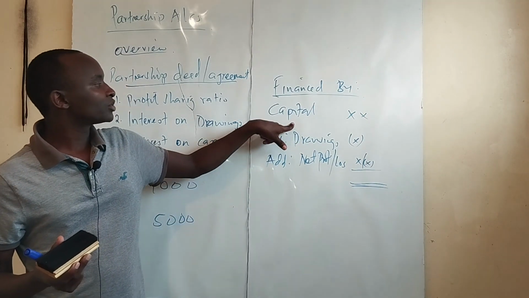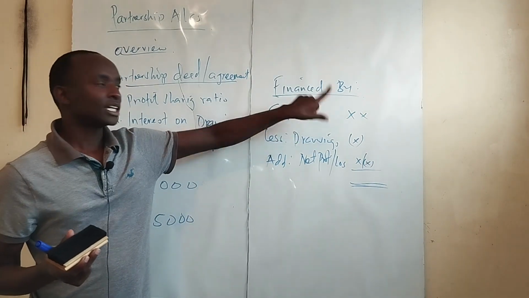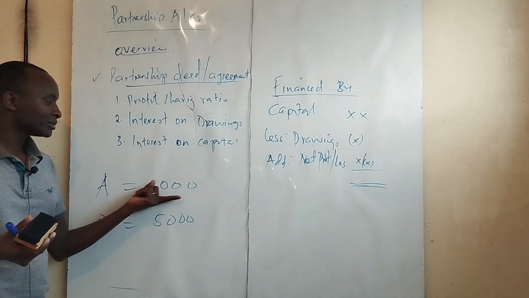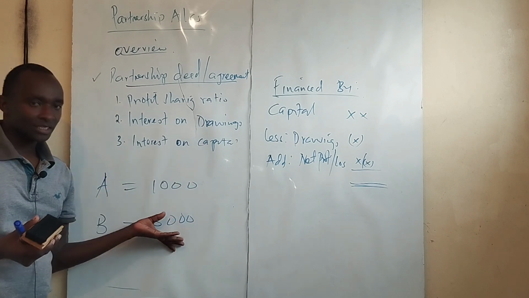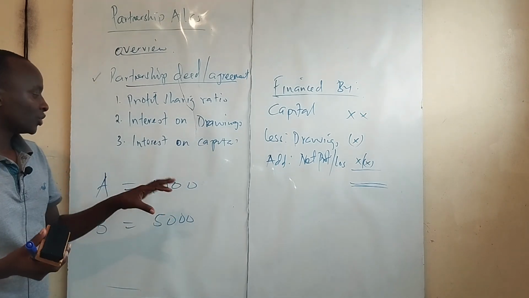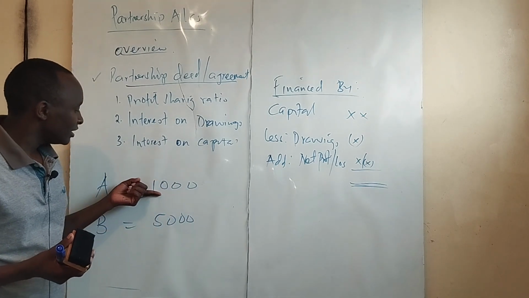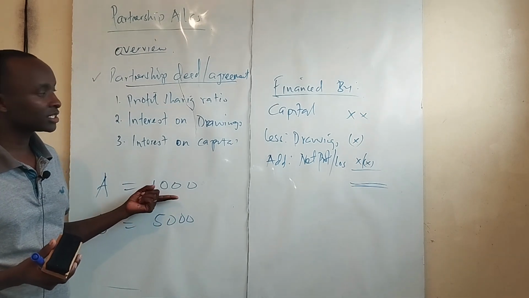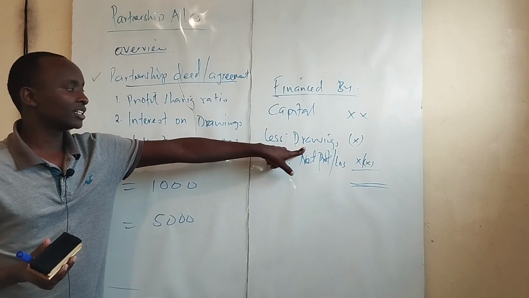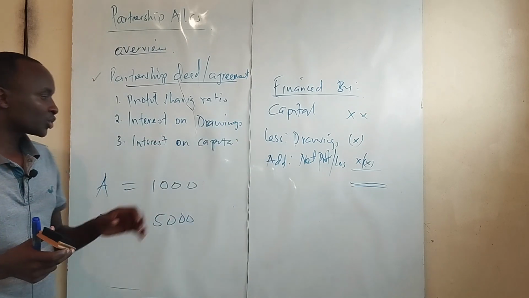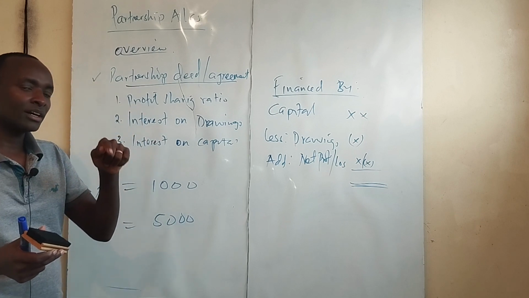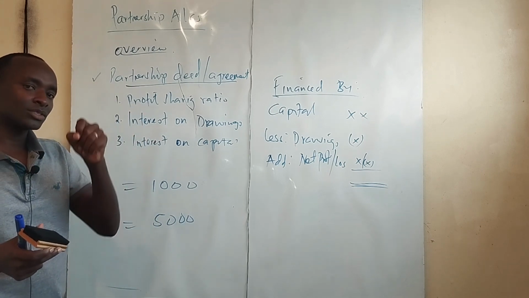So this one is the capital that was introduced by a sole trader. The same case, this capital of 1,000, 5,000 has been contributed by the partners. So if a partner decides to draw some money from this capital, like what we've done here, drawings reducing, the company must charge this partner a certain percentage as interest on drawings.